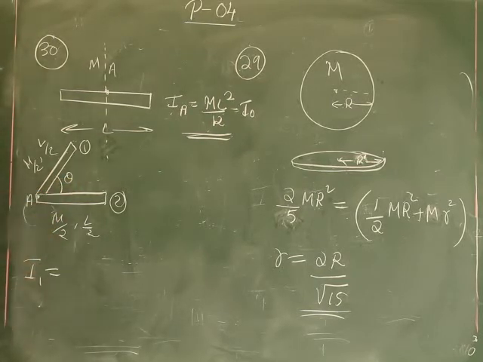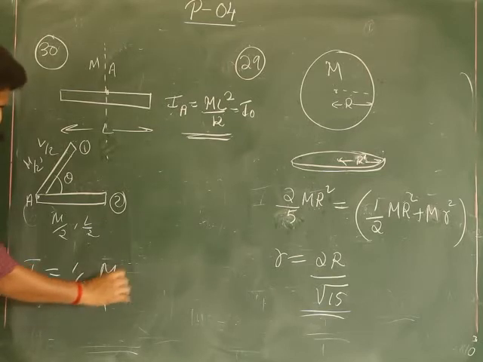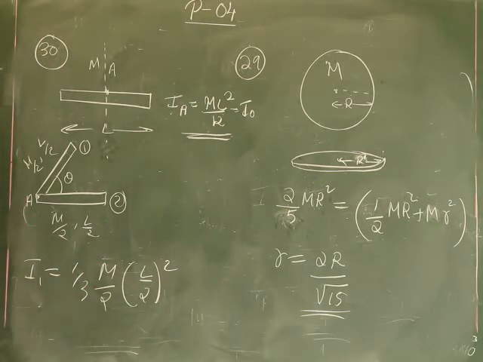What is the moment of inertia? So it is like this. Suppose you start calculating this, what you are going to get is 1 by 3 into m by 2 into L by 2 whole square.